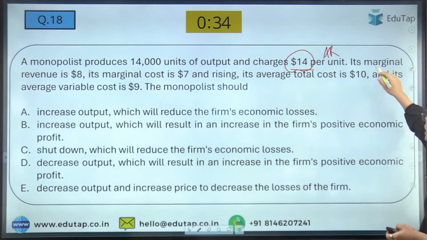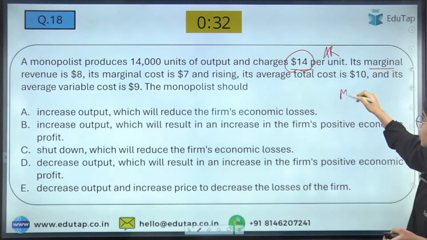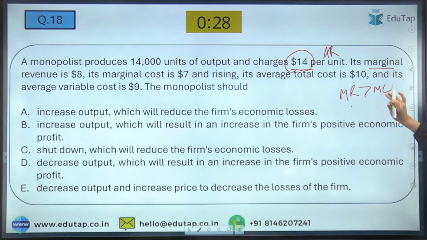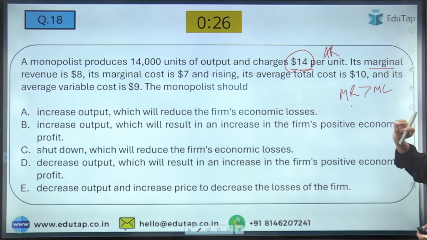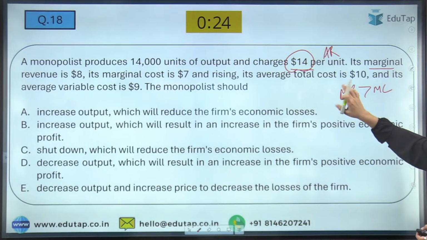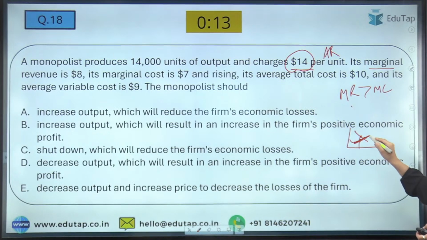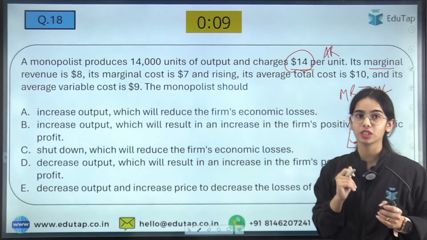Marginal revenue is 8, while the marginal cost is 7. So marginal revenue is greater than the marginal cost, and the marginal cost is rising also. But it is below the marginal revenue.